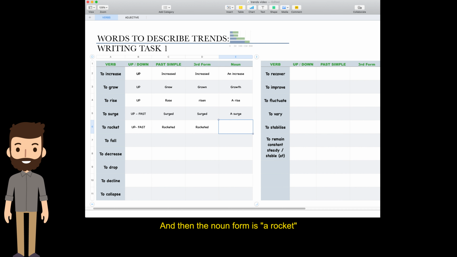And the noun form is a rocket. To fall. Up or down? It's going down. Past simple is fell. Third form is fallen. The noun form is a fall.